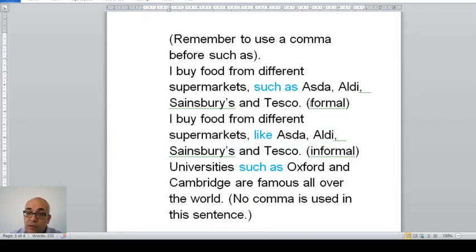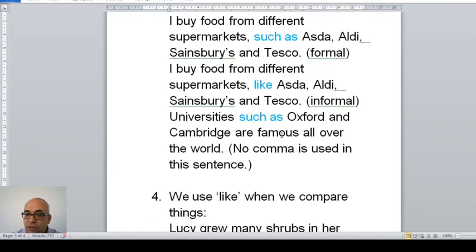So this means when I speak or write formal English, I have to use such as, but when I speak or write informal English, I can use like. Like is used in speaking, it's informal. It's better to use such as, which is a formal conjunction.